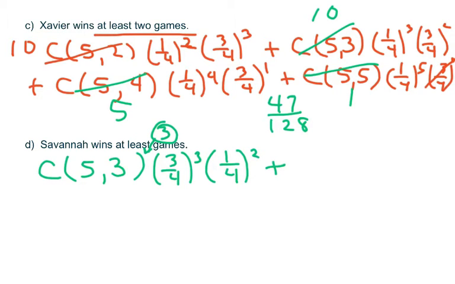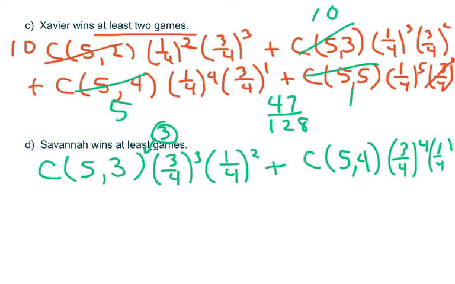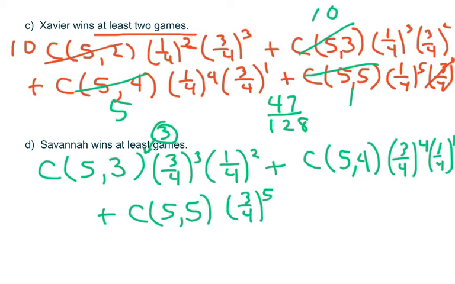Or, there's your or, Savannah wins 4 games. Or she wins all 5. I can just put 3/4 to the 5th, because 1/4 to the 0, I'm going to put it 1/4 to the 0. And then when you multiply all that out, you're going to get, I believe, 459 over 512.